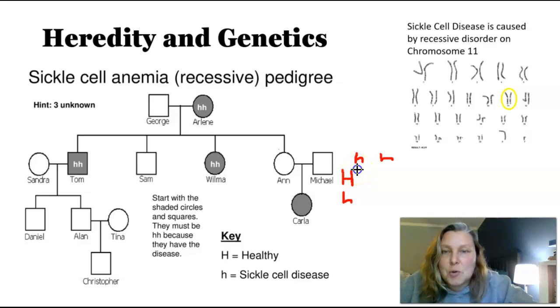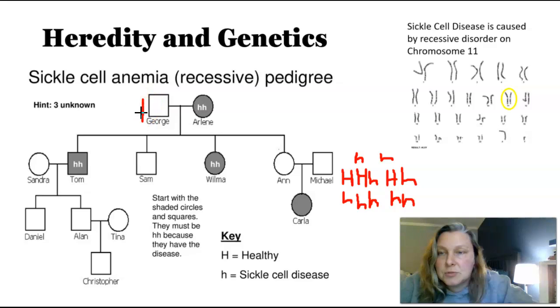So we have first combination would be a heterozygous when you have an uppercase and lowercase. Another probability would be another heterozygous. And then a third one would be the homozygous recessive, where that offspring would have sickle cell disease. And I'm proposing that George is heterozygous, because we have offspring that do not have sickle cell disease.